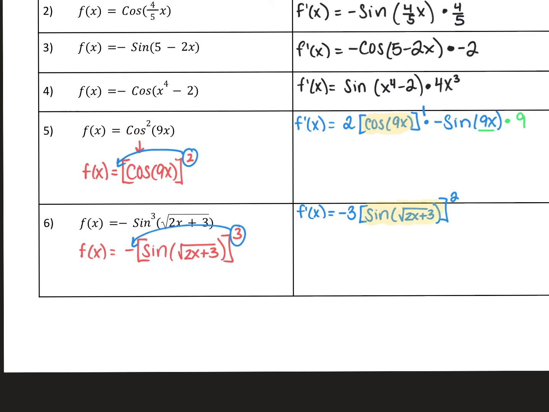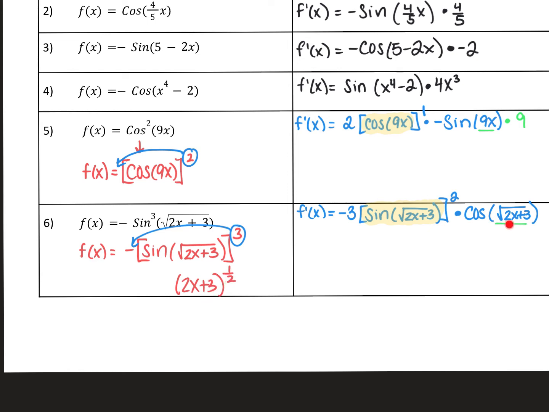So now we need to take the derivative of sine of radical 2x plus 3. We know the derivative of sine is cosine, so cosine of radical 2x plus 3 times the derivative of this inside. So we have to know that radical 2x plus 3 is the same thing as saying to the 1/2 power.